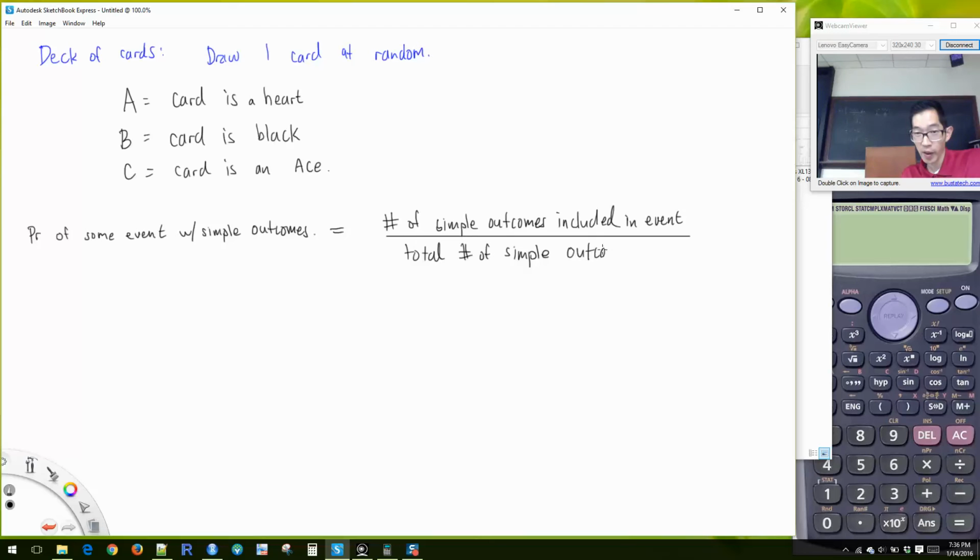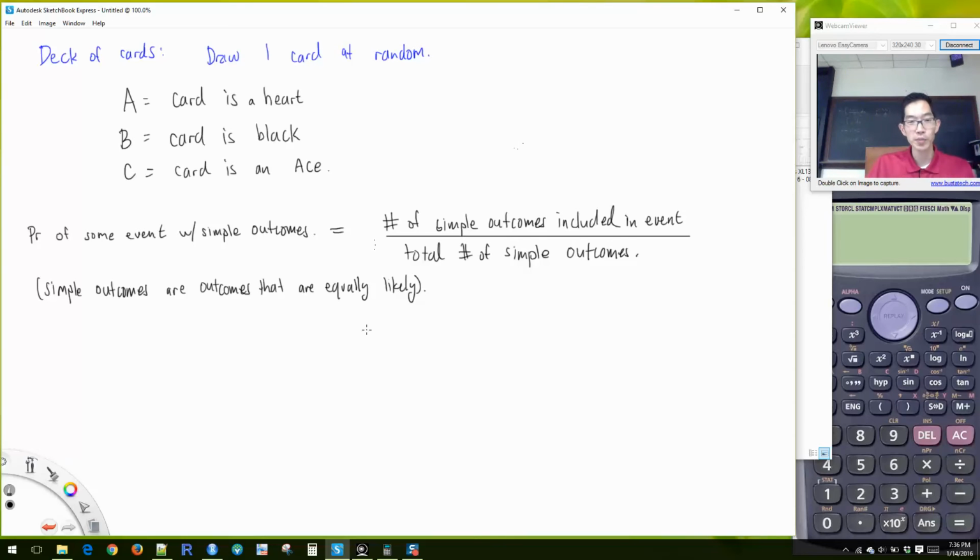And simple outcomes are outcomes that are equally likely. So for example, in a deck of cards, all 52 cards are equally likely. They can all be considered simple outcomes.